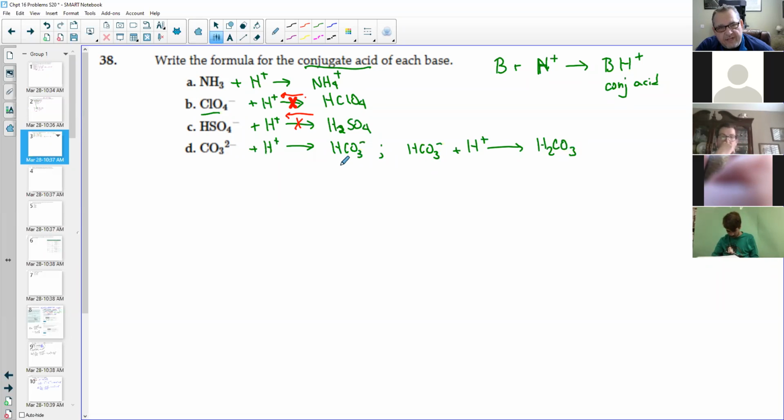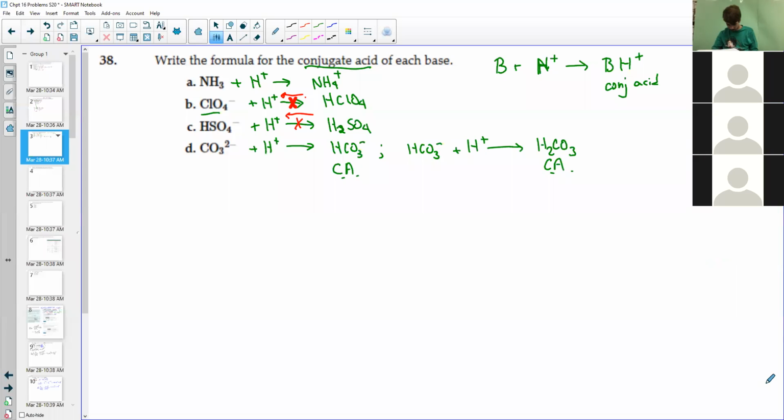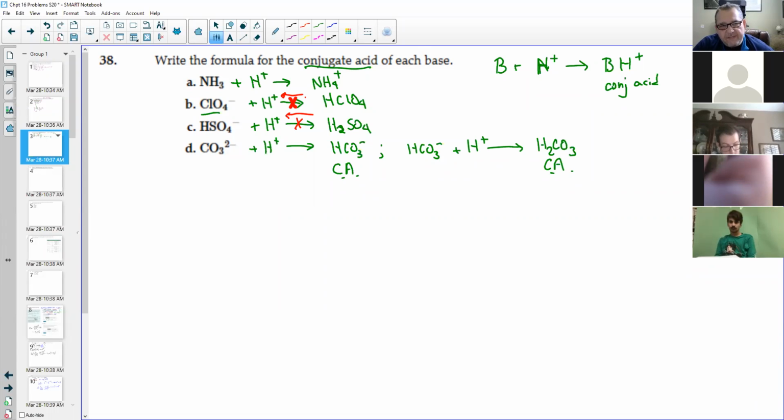So in each of these cases, this is a conjugate acid, and this is a conjugate acid as well. All right, so any questions on writing acid-base pairs?